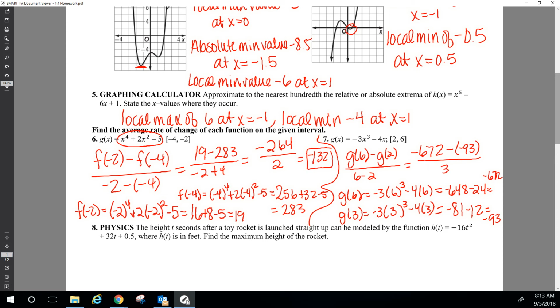So we've got -672 minus a -93 would be +93, which gives us -579 divided by 3. And that gives us -193. Final answer for our average rate of change there.